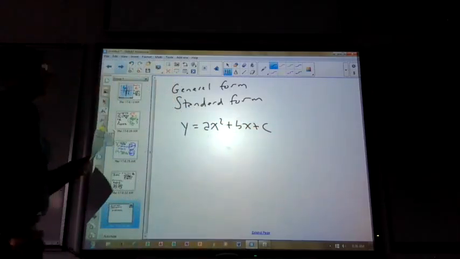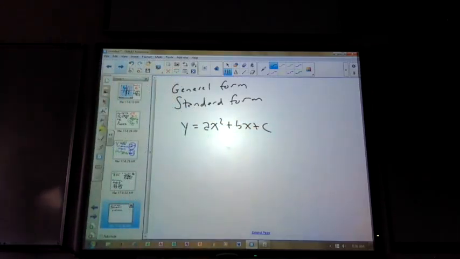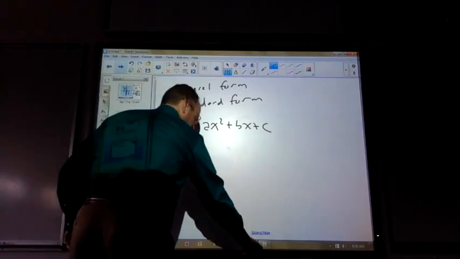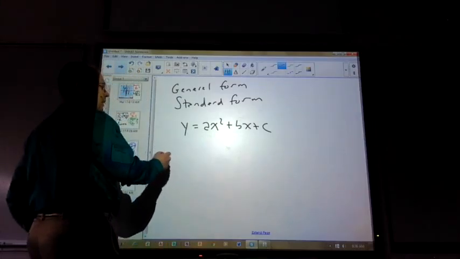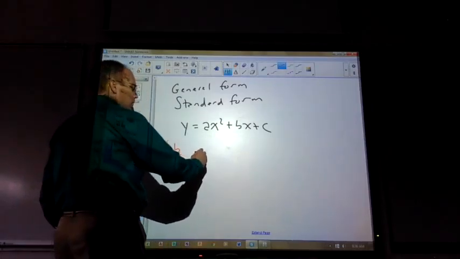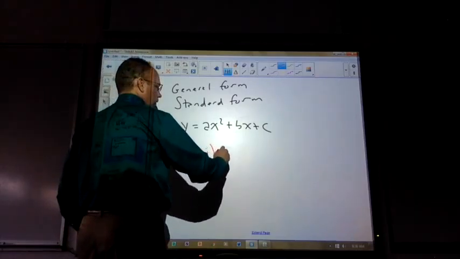Okay, so general form or standard form basically mean the same thing. y equals ax squared plus bx plus c. Some things that we know about this: if you are in general form, tools in your back pocket are to go to negative b over 2a and plug in for the vertex.